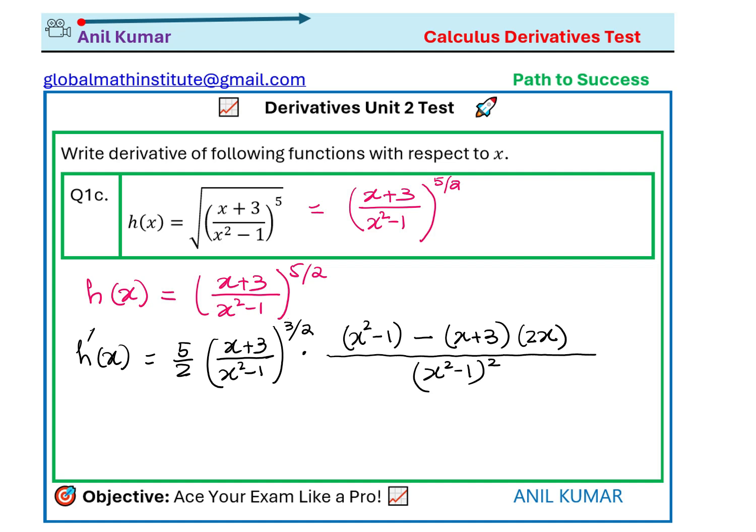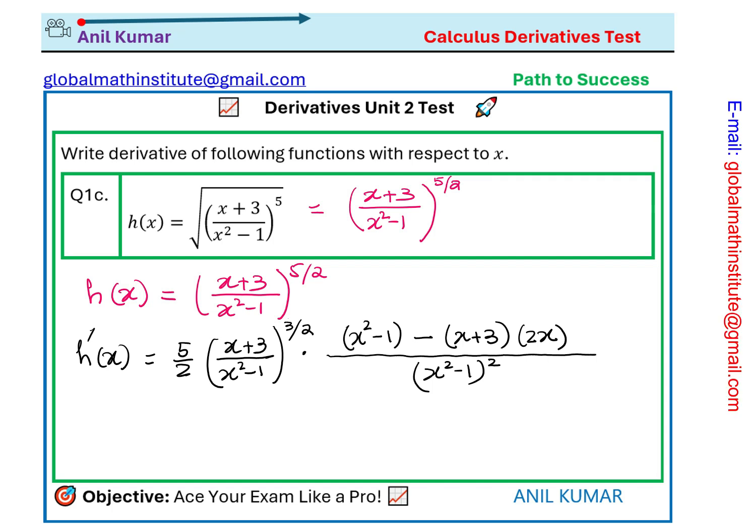So that is where you get this. Now you see we have 5 by 2 times x plus 3 over x square minus 1 to the power of 3 by 2 times x square minus 1 minus x plus 3 times 2x, over x square minus 1 whole square. Now, if you have to simplify this, you see in the denominator we have x square minus 1 to the power of 3 by 2 and squared.